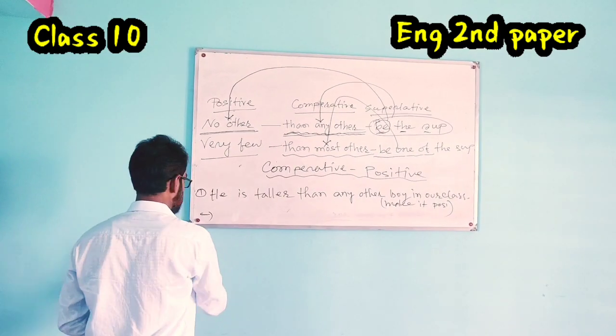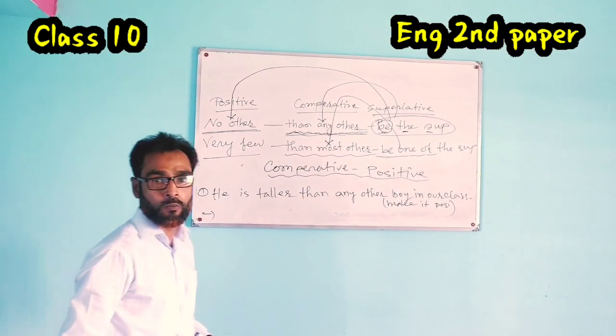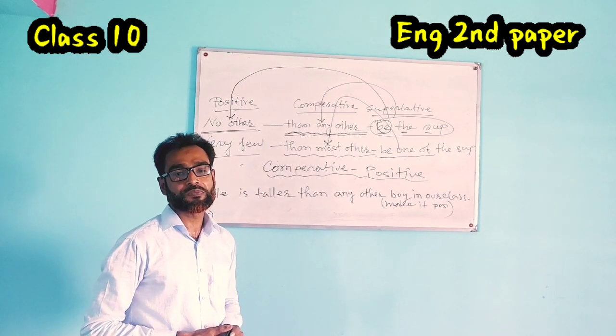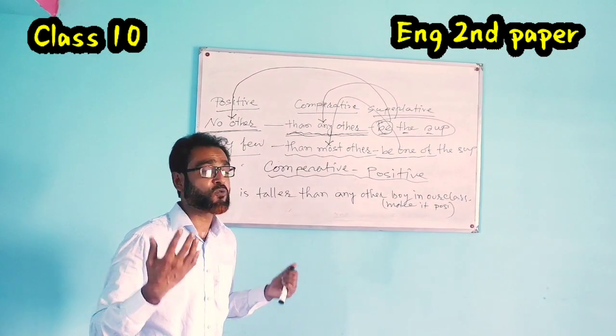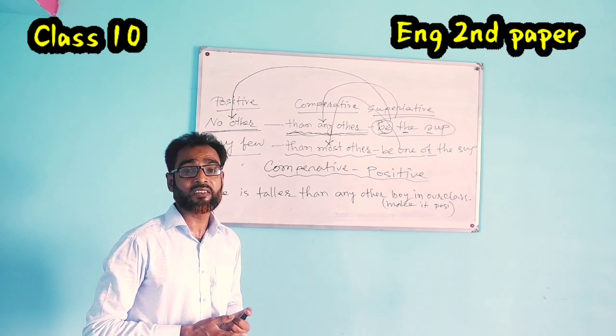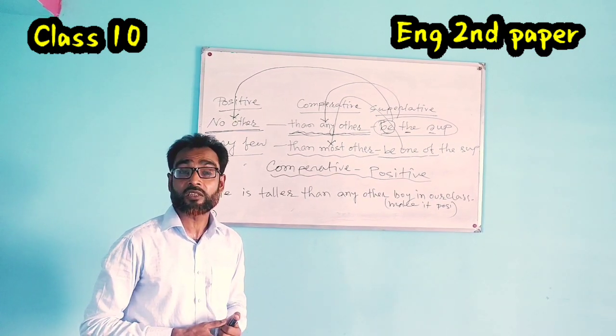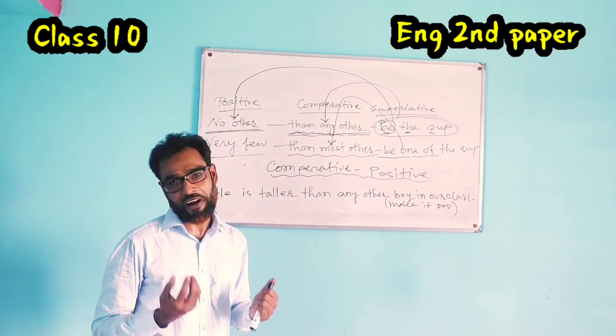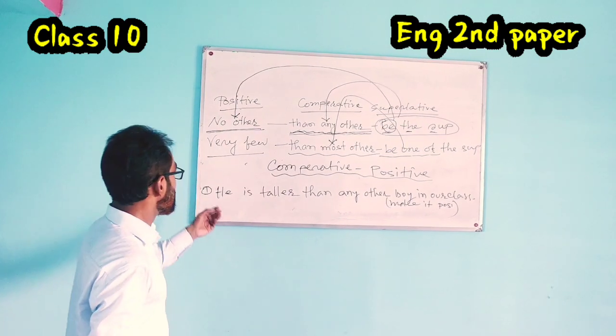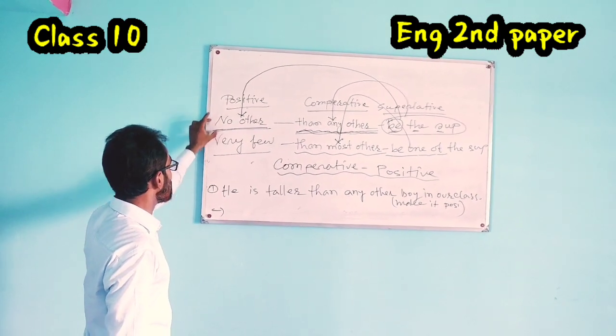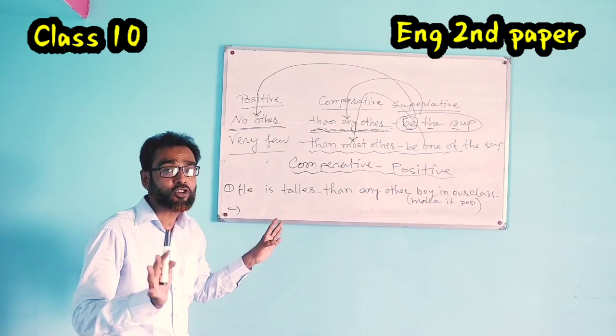Dear student, we know if we want to write down a sentence of positive degree, we need no other or very few. So, no other, very few. There is no confusion.